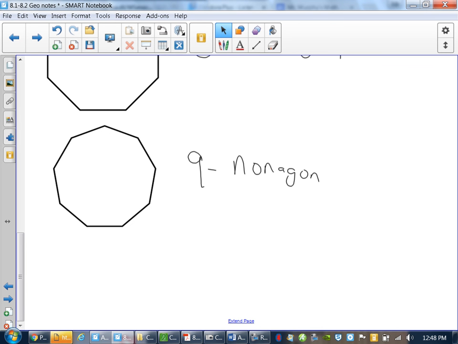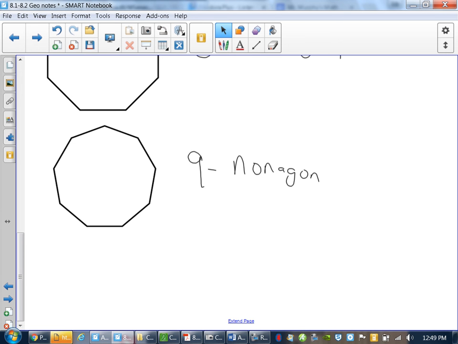Now, you were talking about becoming circular. What happens here is I want you to see that as you put more and more sides together, the shape starts to look more roundish. But the difference between any polygon versus a circle is that a circle is always a set of points that are all equidistant to a center.